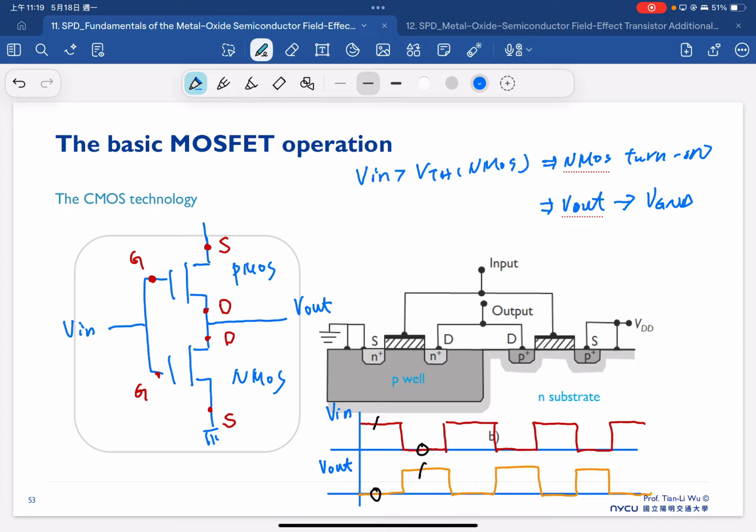So therefore, if the input is a 1, we have the output as a 0 here. So that's a very simple operation.